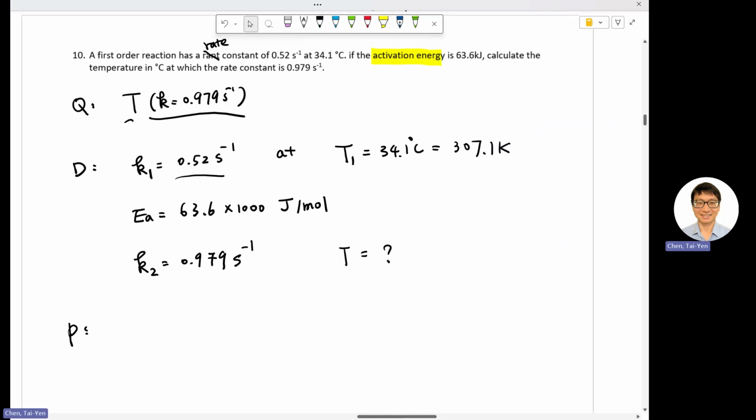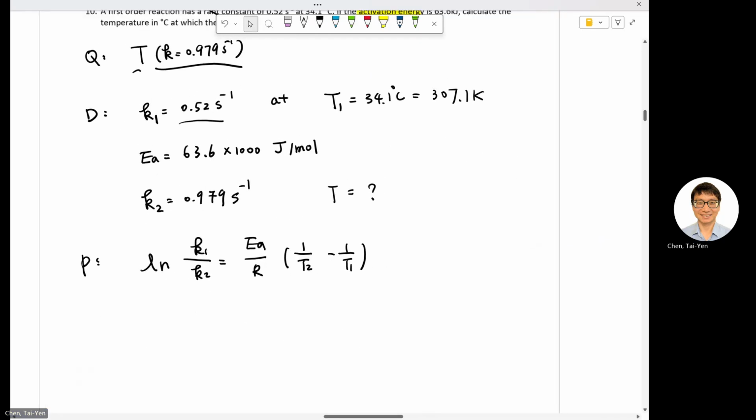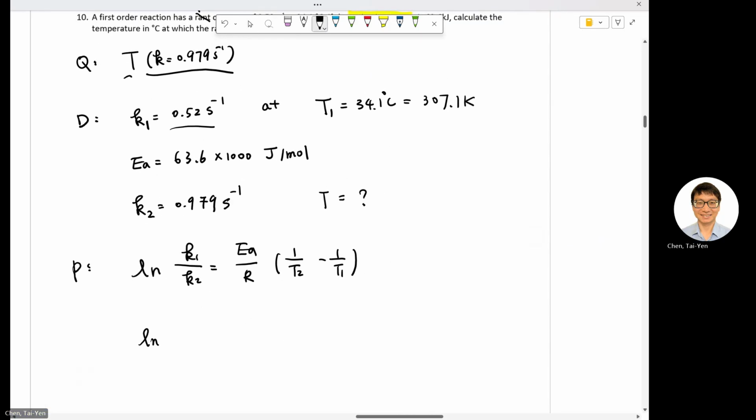The plan will be you want to use this: natural log K1 over K2 equals EA over R times 1 over T2 minus 1 over T1, right? So make sure you don't mess up the order, okay? So K1 will be 0.52, K2 will be 0.979.